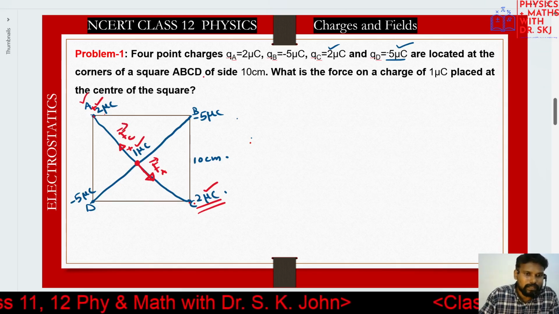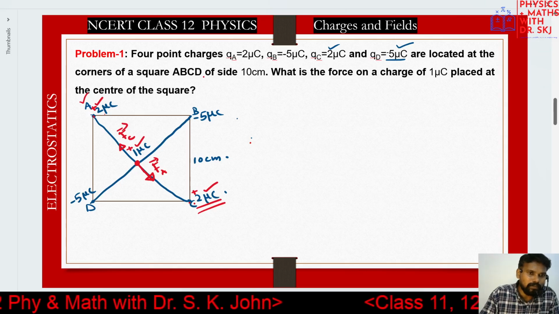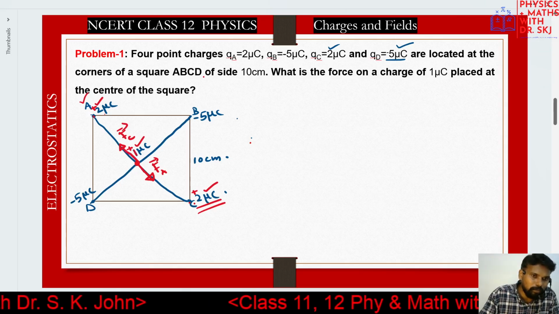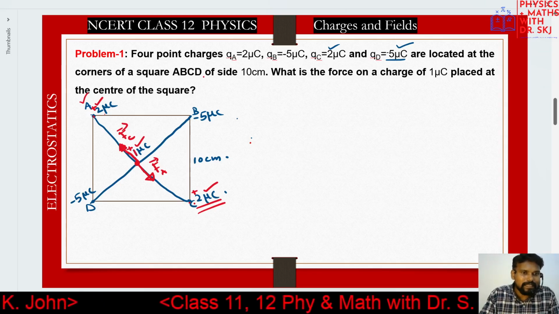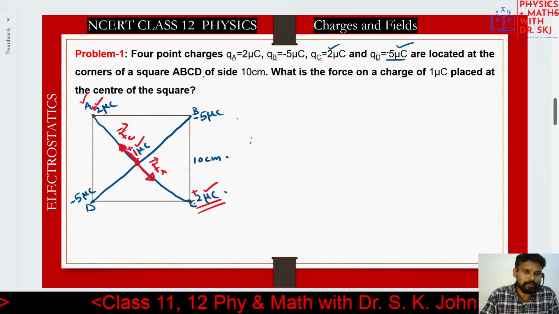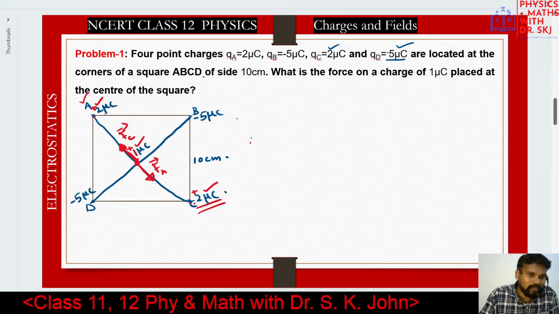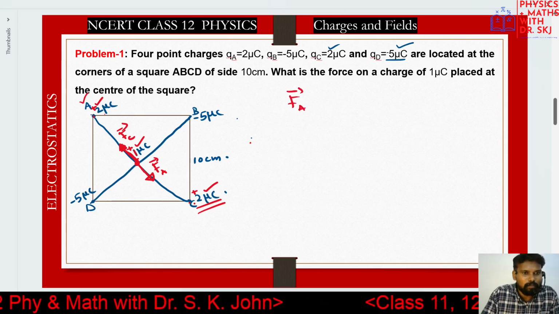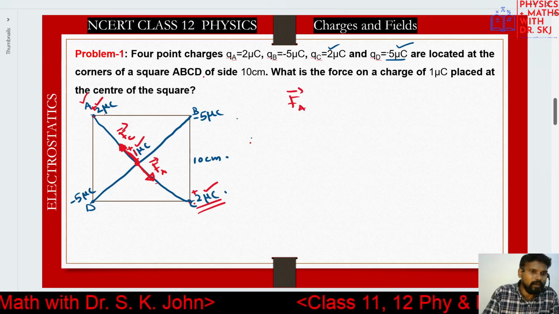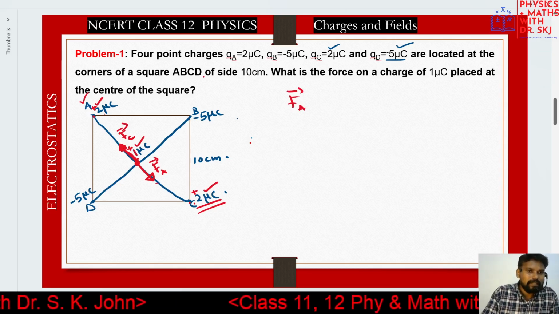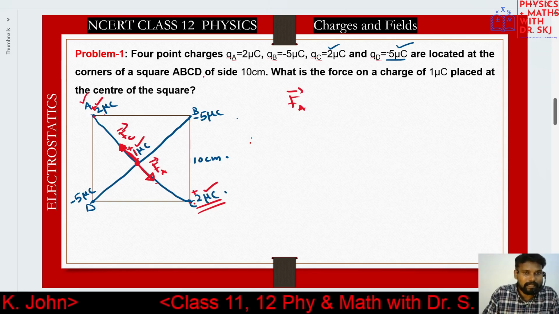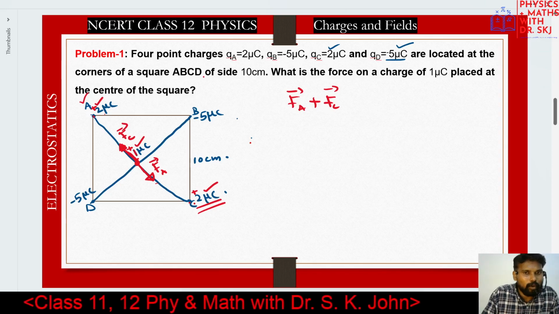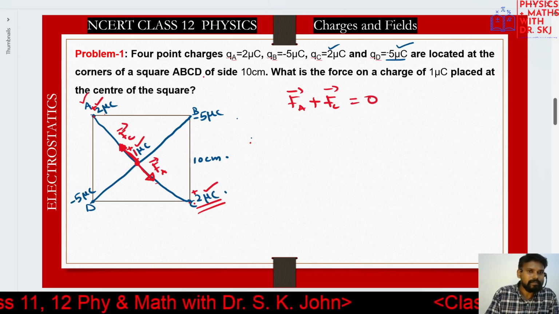Because this 2 microcoulomb charge also is positive, and this 1 microcoulomb charge is positive, there will be repulsion and it will be opposite to this. So what is the resultant of these two forces? The two forces are equal and opposite. They are equal because both are 2 microcoulomb charges at the same distance. So FA plus FC, since they are equal and opposite, will cancel each other.